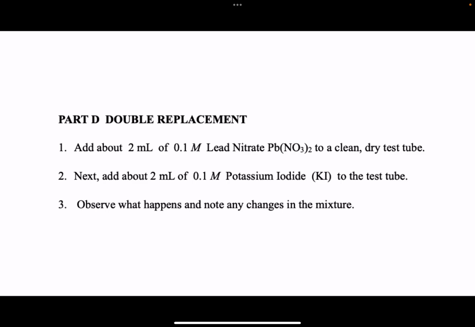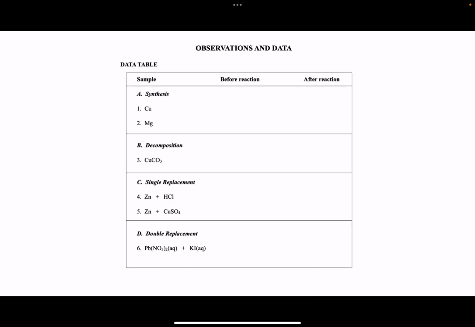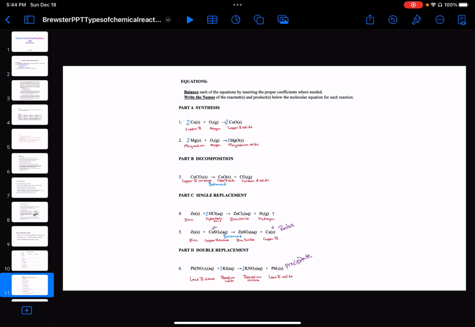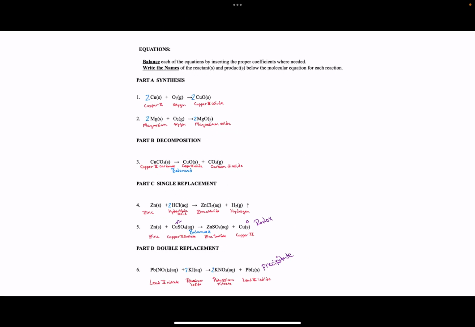Double replacement, I have lead nitrate with potassium iodide, and I get this very obvious change because I get this yellow precipitate that forms almost immediately. So the question becomes, well, who is the yellow precipitate? And that's why balancing equations is so important. So hopefully you record your observations and data.